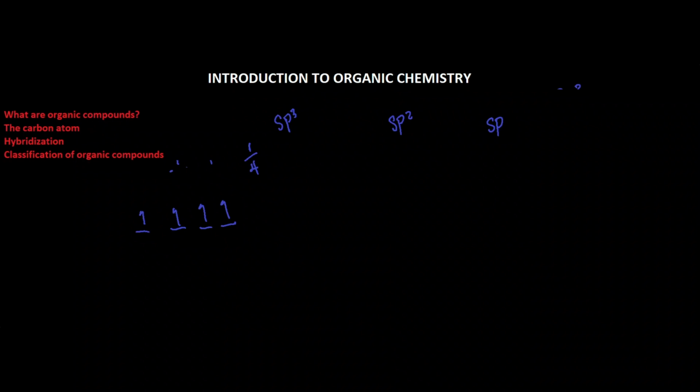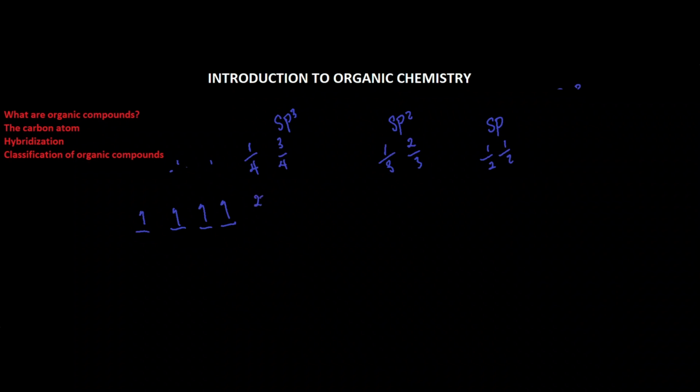So we have 4 subshells. Only one out of the 4 is s and the remaining 3 are p. In the sp2 case we have 1 s out of 3 and 2 p out of 3. In the sp case we have 1 s out of 2 and 1 p out of 2.